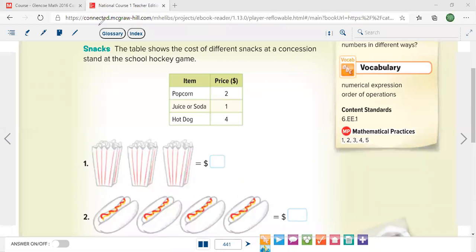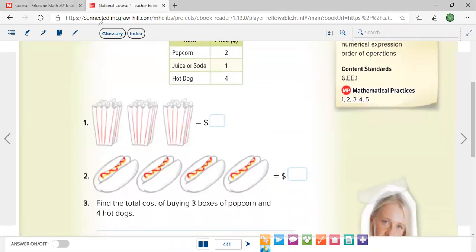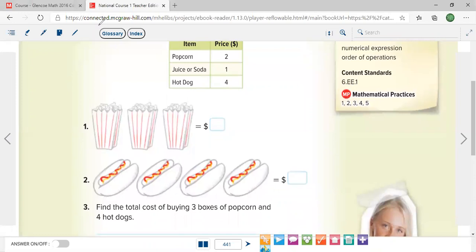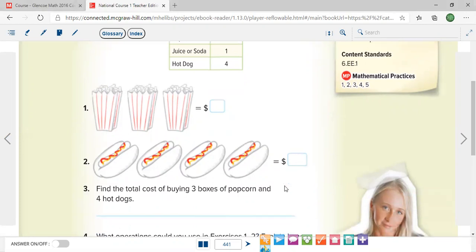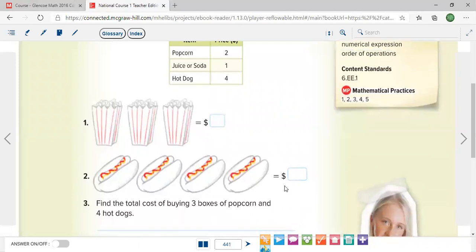Now we need to know the cost of 3 popcorn.